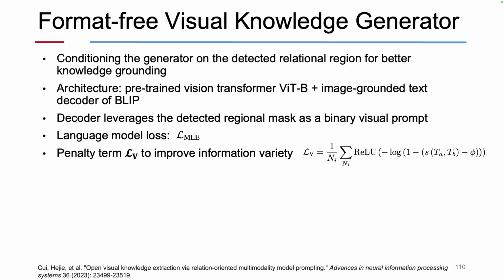In this way, we make the model able to generate a piece of text that describes the relational knowledge from the image. So what the model does is really generate a piece of text instead of making a classification or choosing one of the relations from a predefined set of relations. This makes the results really format-free.